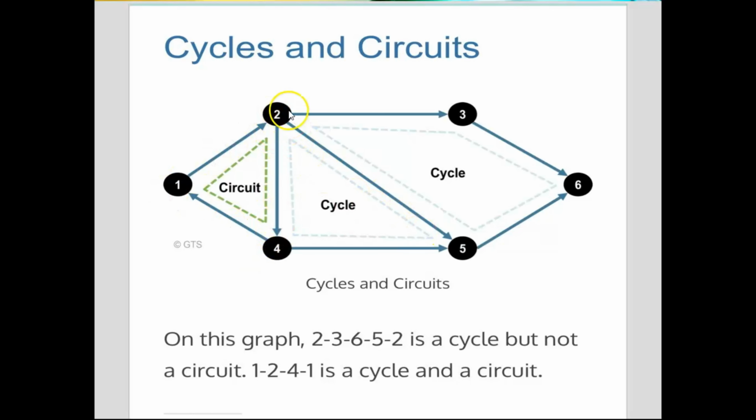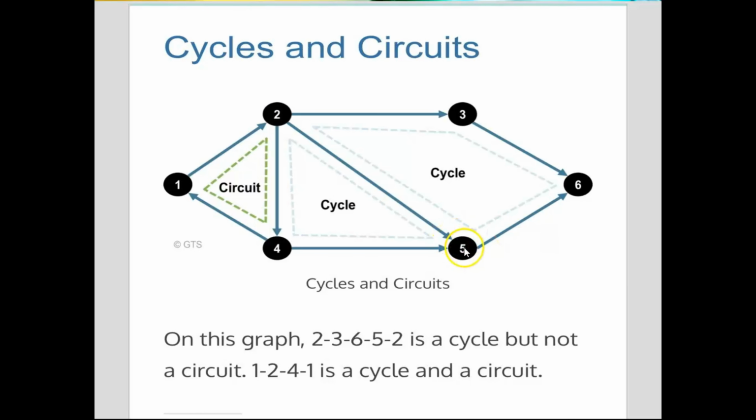But that flow, when it comes to this, is not possible. We cannot have 2 to 5, then to 4, then 1, because here is a unilateral link. It goes from this point up to 5, but we don't have a flow from 5 back to 4. Let's say we have 2 to 4, then 4 to 5, but we do not have a link flow from 5 back to 2.